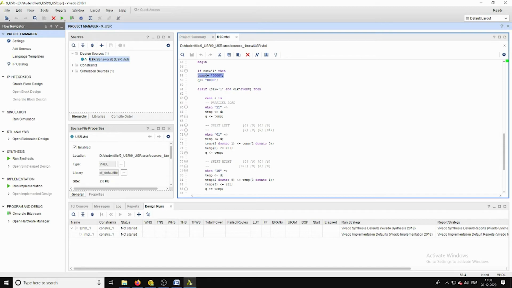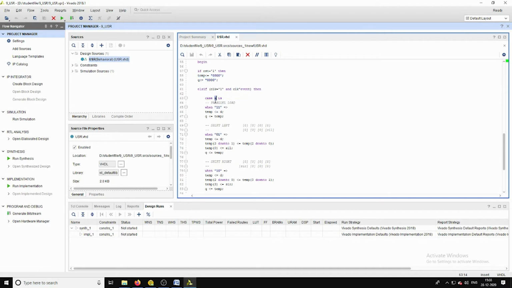Simply, when there is no reset, that means if reset equal to 0, then based on the clock we are going to perform these 4 operations, that is if reset equal to 0 and clock equal to 1, at the clock event, that means at the positive edge triggering, we are considering the S value.